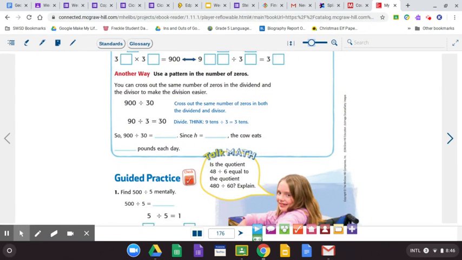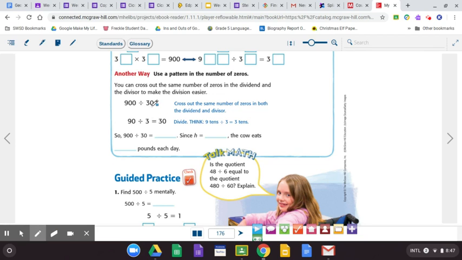Okay, so dividing with powers of 10 now. You want to cross out the same number of zeros in the dividend and the divisor to make your division easier. So here's our problem. We have 900 divided by 30. The zeros cancel each other out.